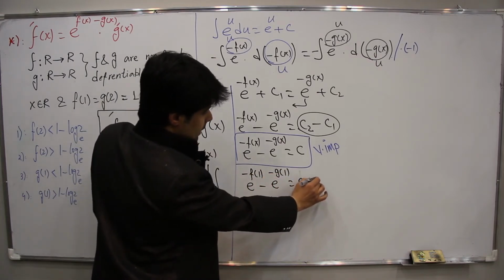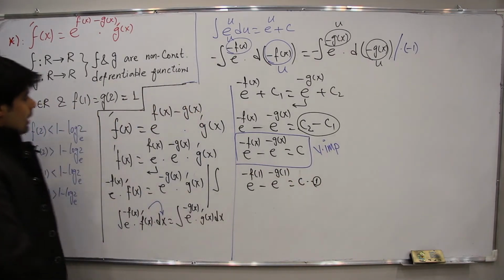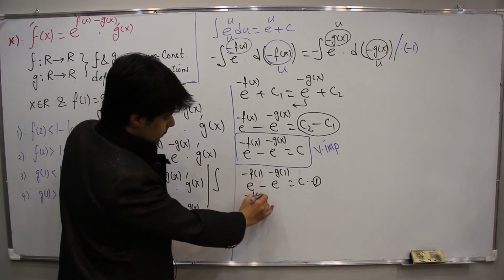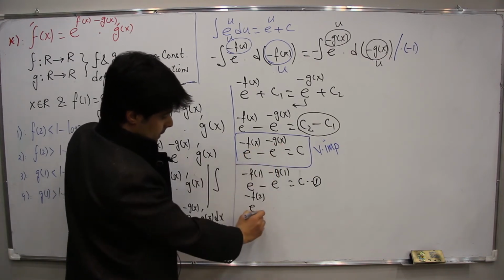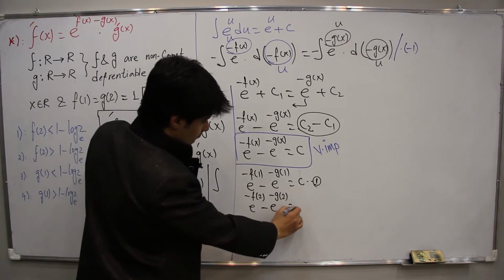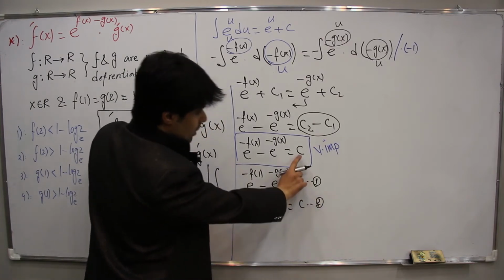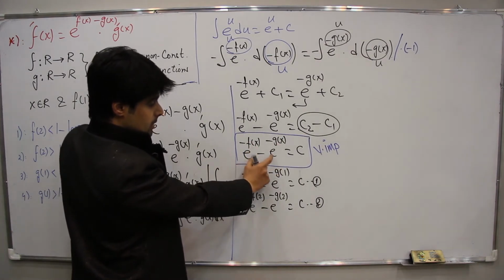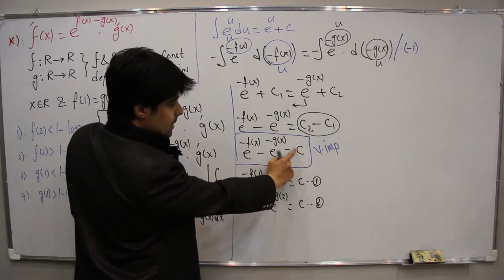This is the first equation. Again, we have to put 2. E to the power minus f(2), also this is x, minus e to the power minus g(2), becomes c. The same constant. Whatever x is, the subtraction is the same c.